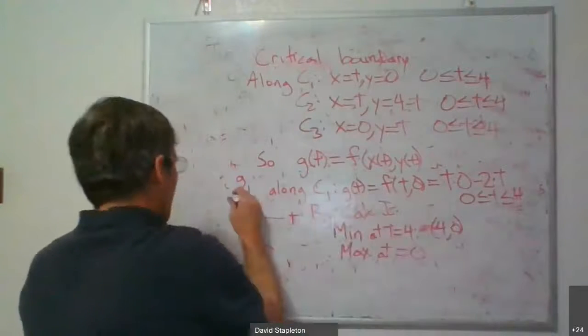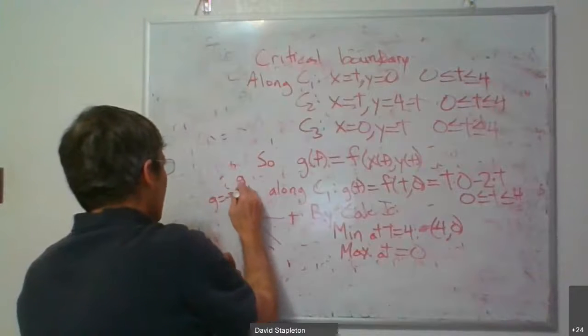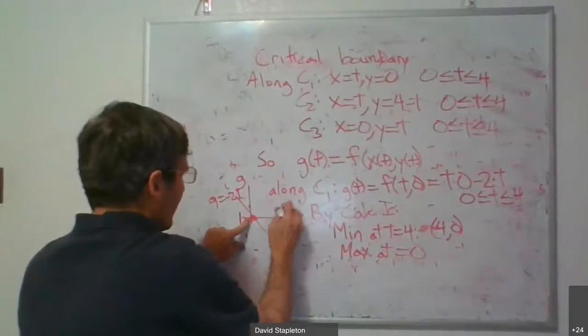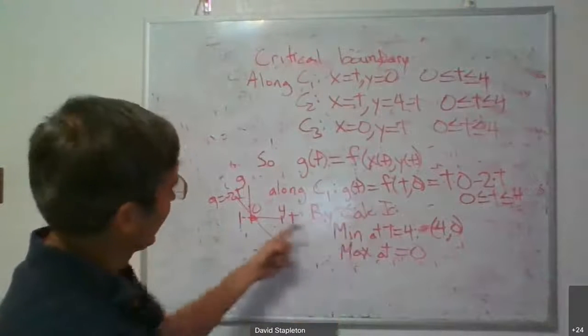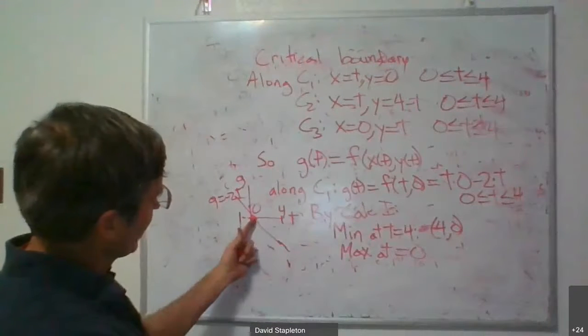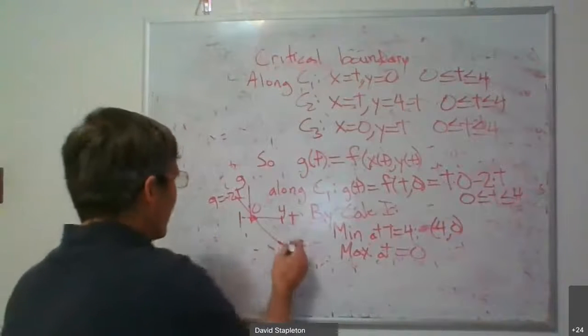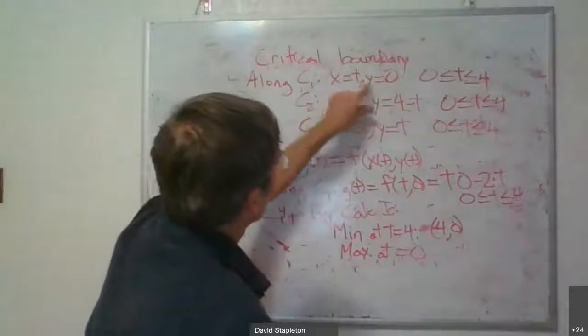It's the line g equals minus 2t, so it's got a maximum of 0 and a minimum of minus 8. That's what I'm thinking in my head. I don't have to do the derivatives. The first derivative is minus 2. There are no critical points, so you just plug in the endpoints. Right, so the maximum is at t equals 0, and then I get 0, 0.